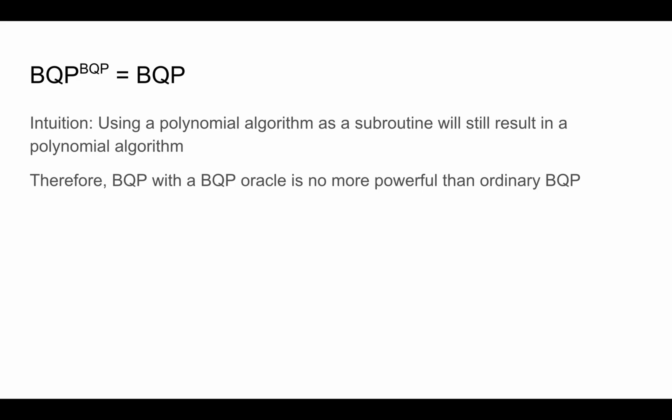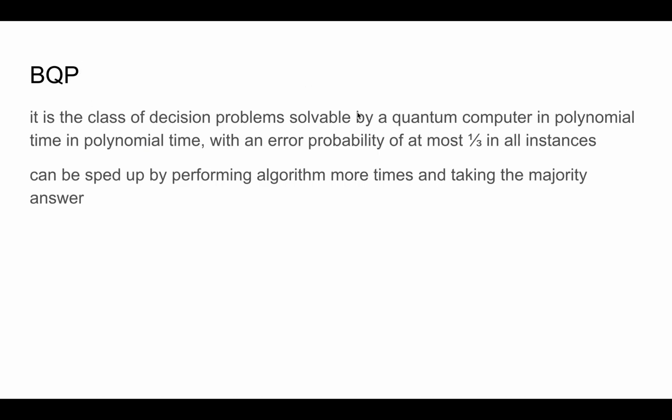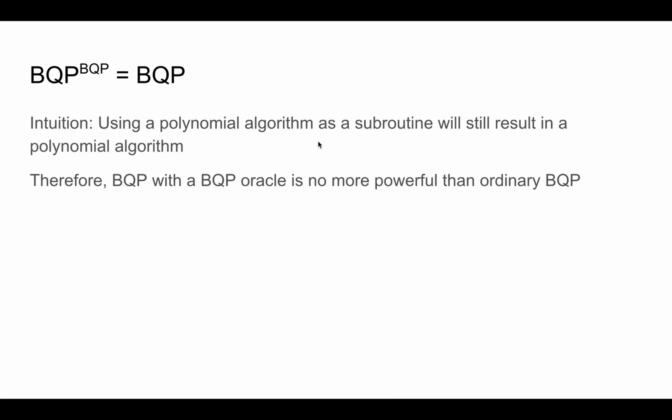The way to see this is that BQP is based on its definition solvable by a quantum computer in polynomial time. So a polynomial algorithm having a polynomial algorithm as an oracle should be no more powerful than a polynomial algorithm. That should explain this theorem.